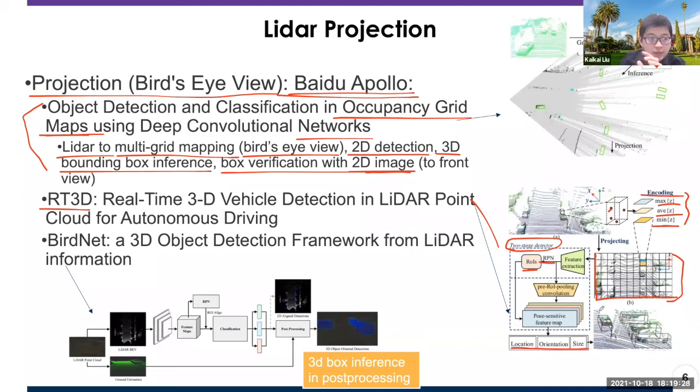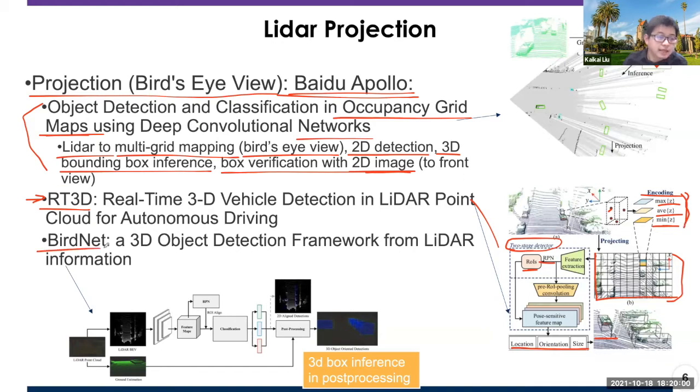Finally, based on this 2D bounding box, they infer the 3D bounding box, because sometimes you also have the height information. You can infer the height information, extending from 2D to 3D. So this is a real-time 3D based solution. You can see the key idea is very similar, but they applied a 2D detector here, and how they manually set the feature encoding is different.